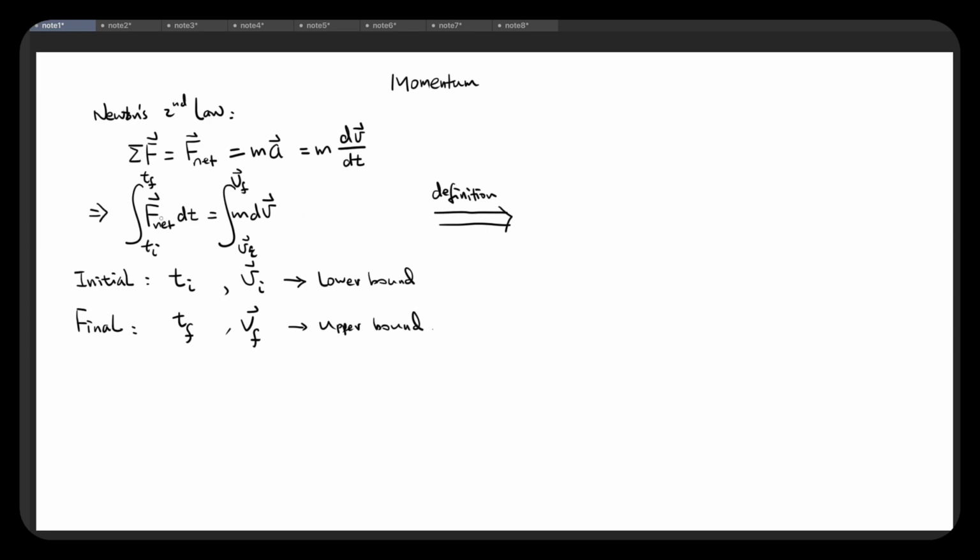The left side here is defined as impulse: the integral of net force over dt. You can also say net impulse, because just like a force corresponds to each force, we can have each individual impulse. However, I'm going to just write J here to represent the total impulse delivered to the object.